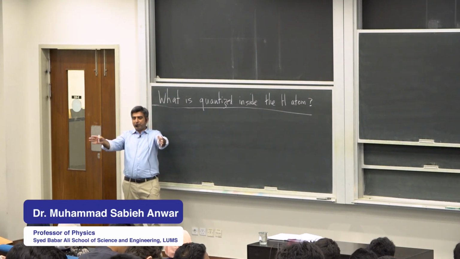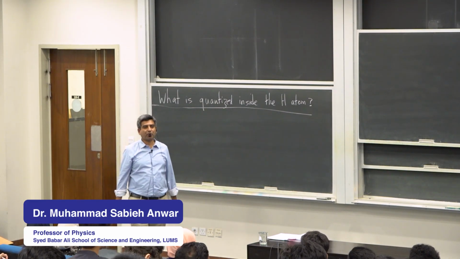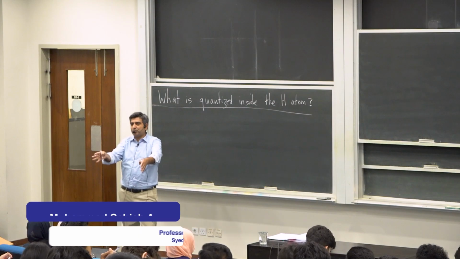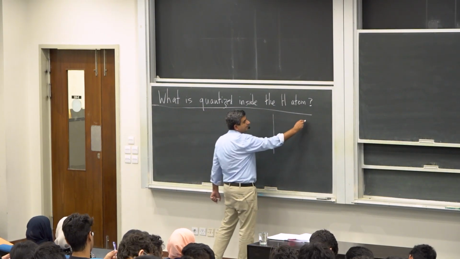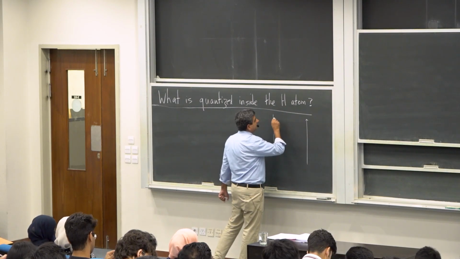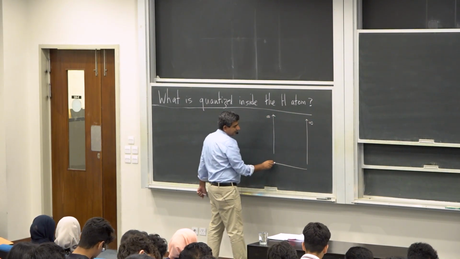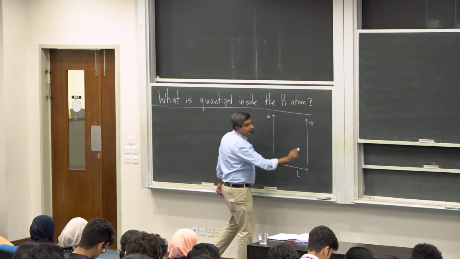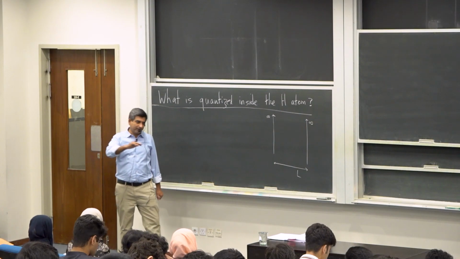So for an infinite well, now you need to pay attention, come on, stop talking. For an infinite one-dimensional well of length L, what is quantized? The energy is quantized.